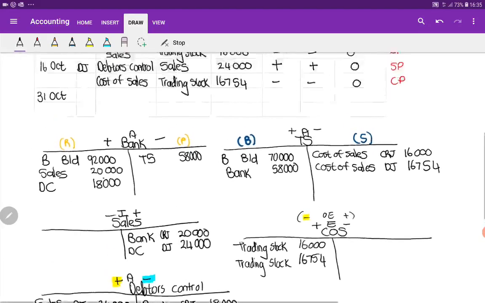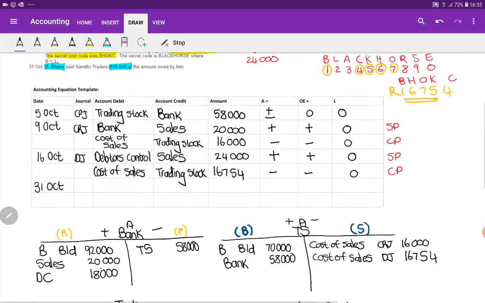So if we show this on the accounting equation, the business received money. If you receive money, bank is always debited. Why did the business receive money? Because of a debtor who paid 18,000, so account credited, debtors control, and the amount equals 18,000.